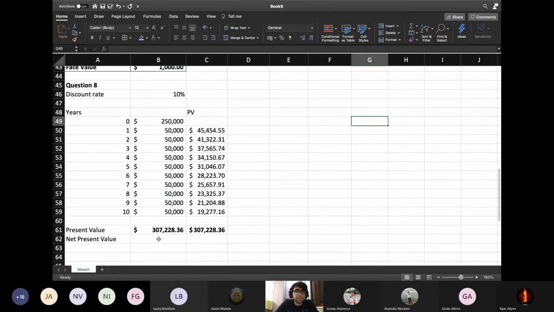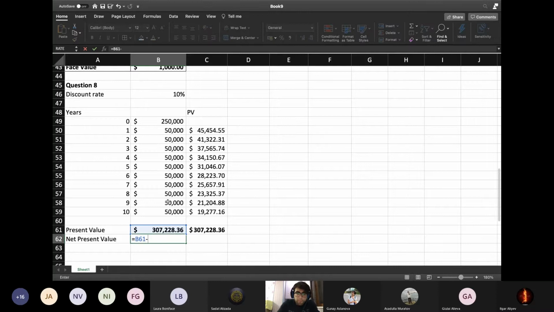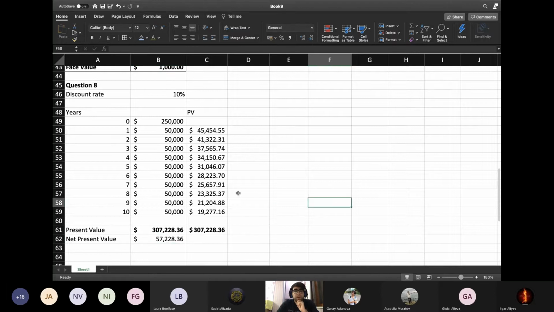So net present value is equal to present value of future cash flows minus initial cost, initial investment. This is net present value. If net present value is positive, greater than 0, it means the project is accepted, and Apple will implement this project.